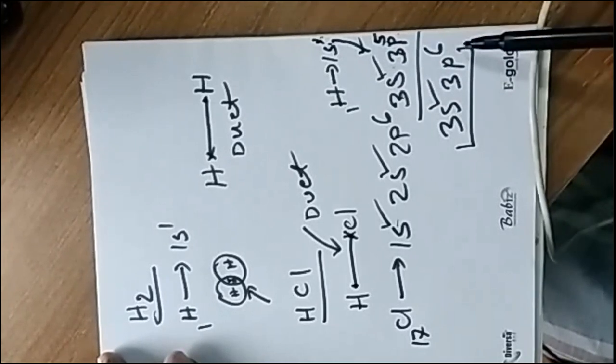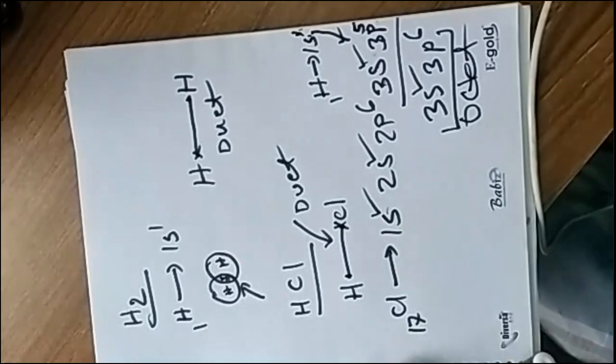Suppose this electron of hydrogen comes to this 3p orbital, then 3s2 3p6 will form. That is, the octet will form. By this way, hydrogen and chlorine produce the hydrogen chloride molecule and it stabilizes. Is it clear to you?